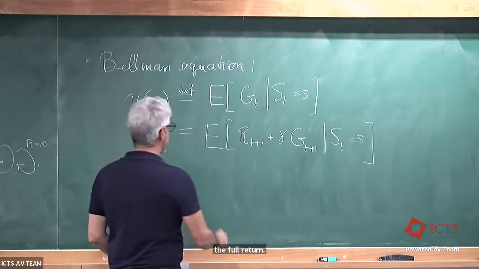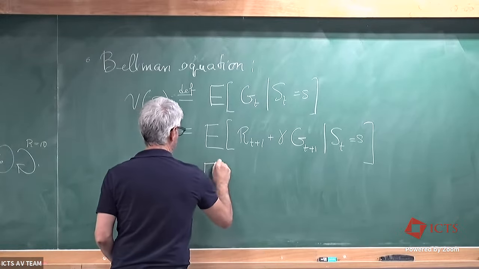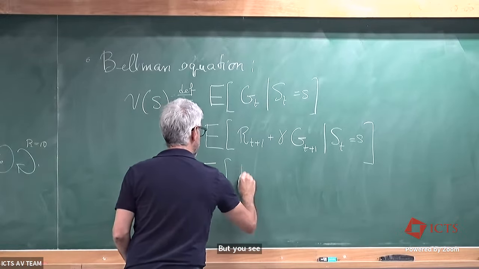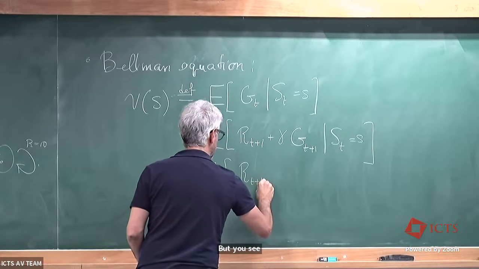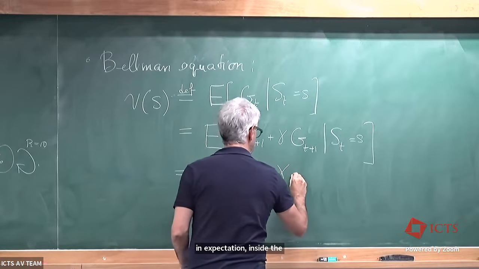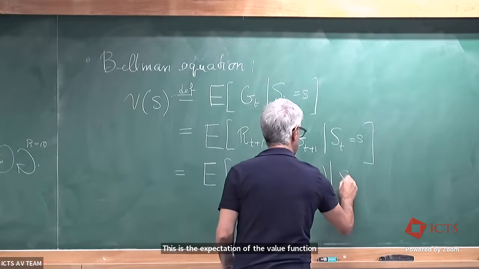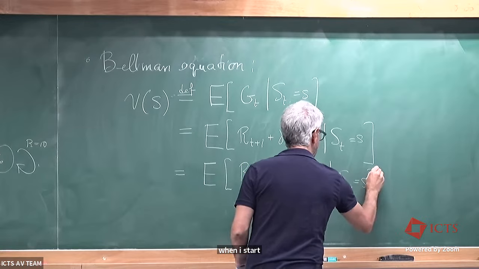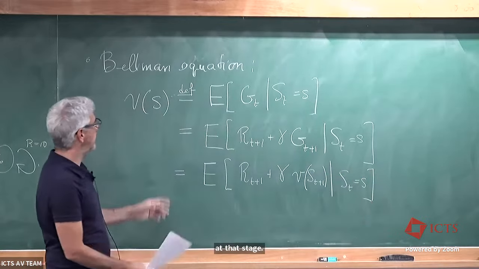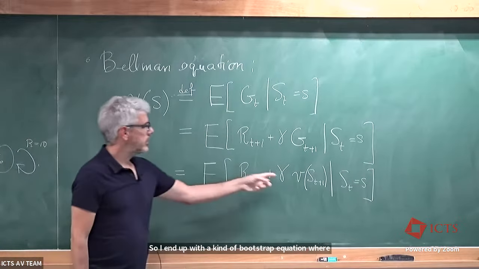But you see, inside the expectation, I can also write this: this is the expectation of the value function when I start at that state. So I end up with a kind of bootstrap equation where the value function actually appears inside.